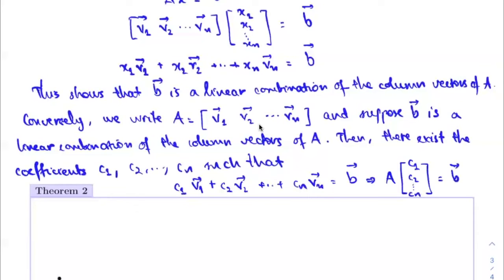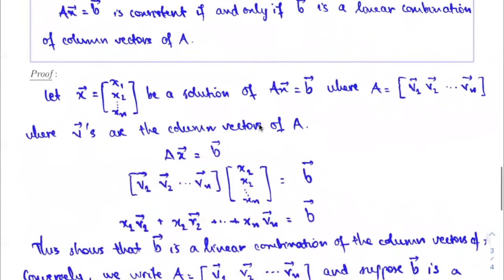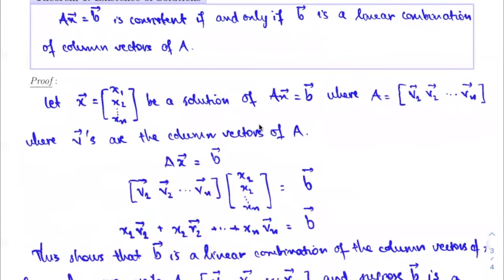We already said that this c1, c2 up to cn exist, and therefore, if we write this as a vector x, this is a solution to the system Ax = b. Right, so again, the theorem we just proved is that the system always has a solution if and only if b is a linear combination of the column vectors of A.